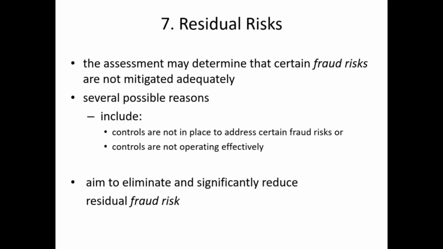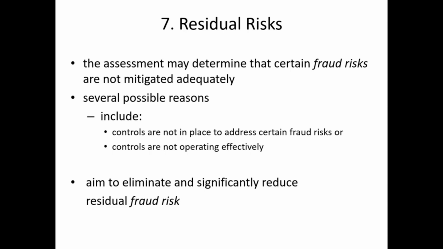Following looking at the effectiveness, you need to then consider residual risk. Now this is the assessment of whether certain risk types cannot be mitigated adequately. So in some instances, you may have all the controls in the world, but you still can't prevent that one lone rogue trader, that one individual, that manager.